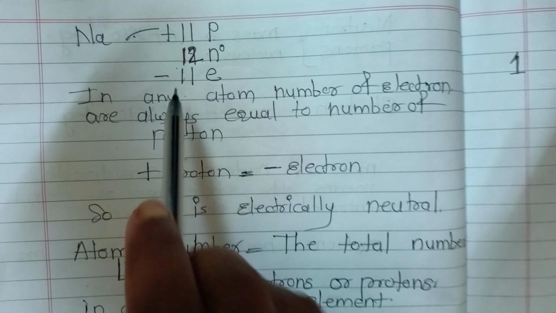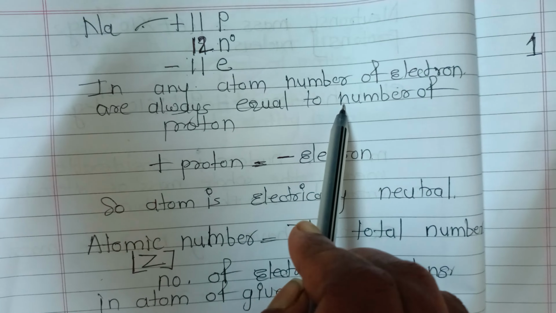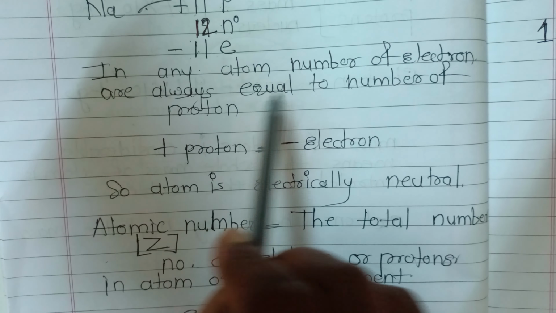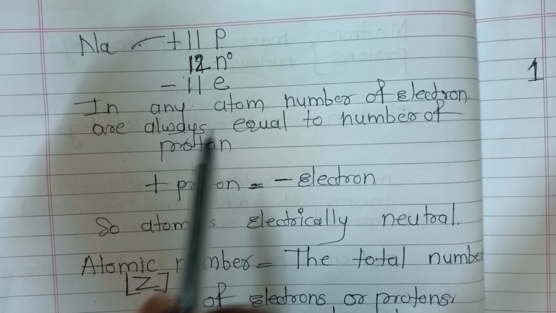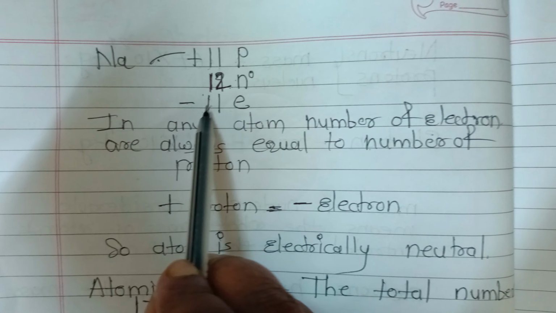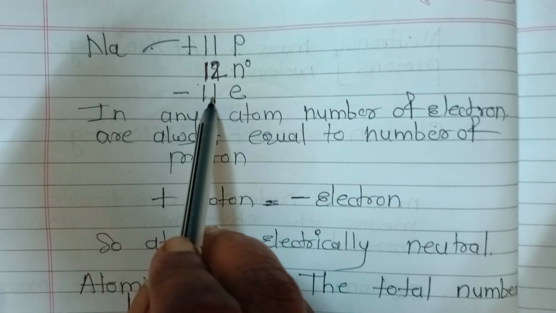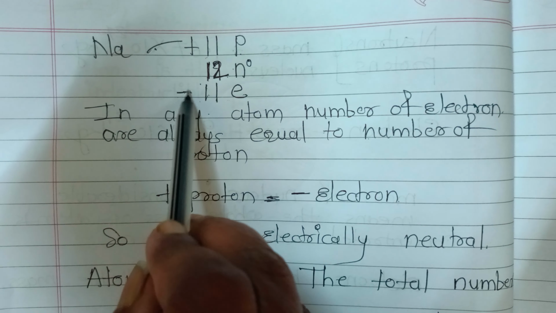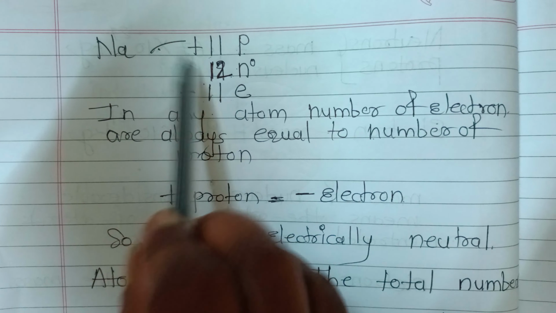Protons have positive charge and electrons have negative charge. In any atom, the number of electrons is always equal to the number of protons. See here, this sodium atom has 11 electrons which are negatively charged, and at the same time 11 protons which are positively charged.